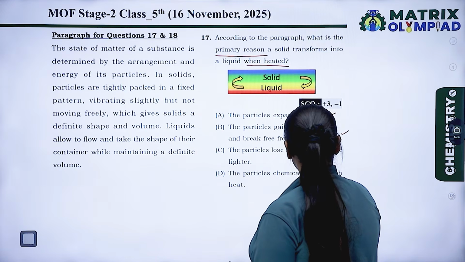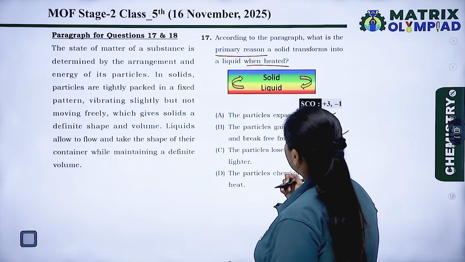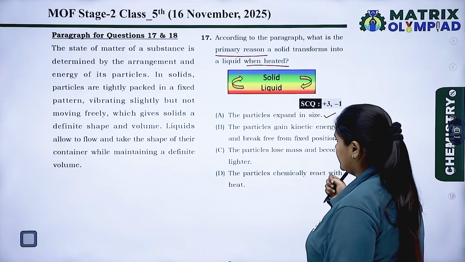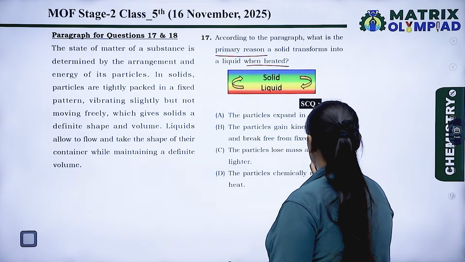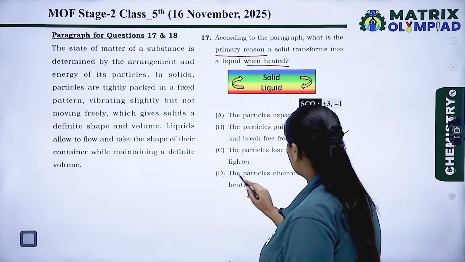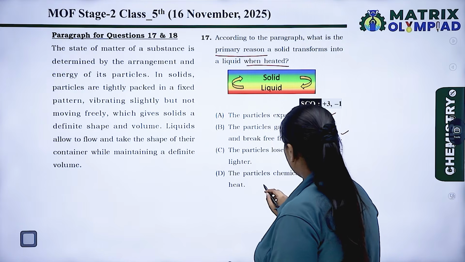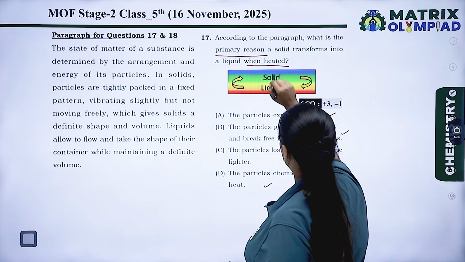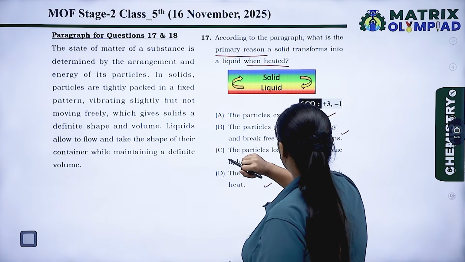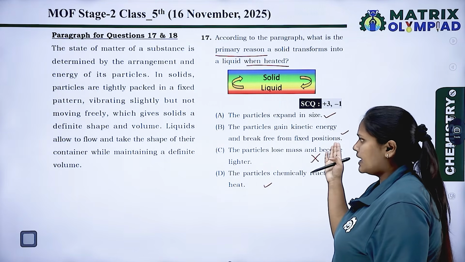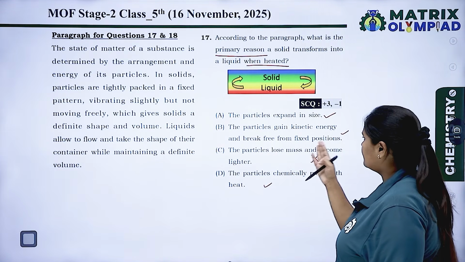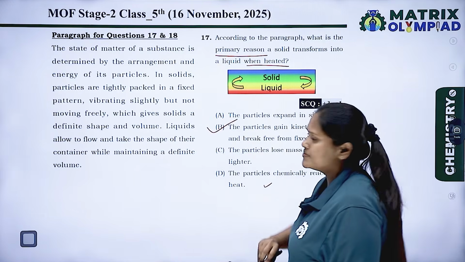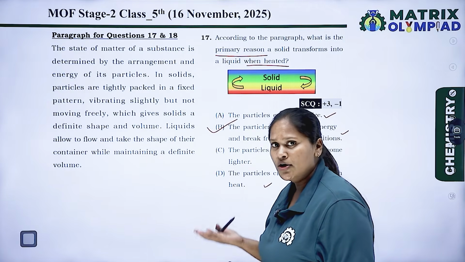The particles lose mass and become lighter. What do you think? When a solid converts into a liquid, do the particles lose mass and become lighter? No. The particles chemically react with heat, right? But this question asks for the primary reason a solid transforms into a liquid. So first, particles gain kinetic energy and break free from fixed positions. So option B is the right answer for this question.